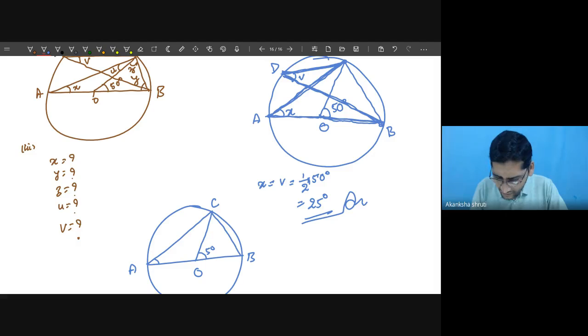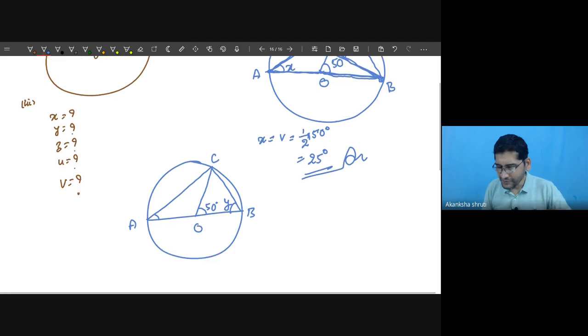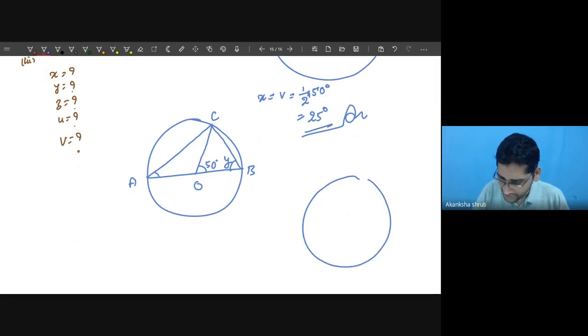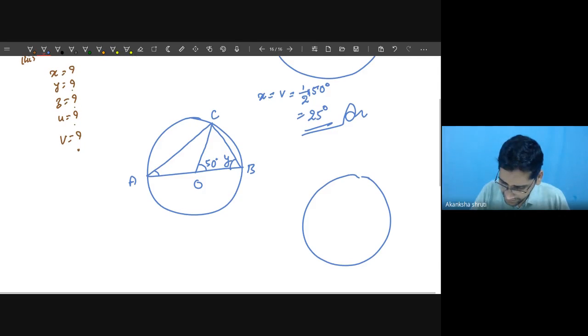Say angle Y, which is this entire one. What will be the Y? How can Y be determined? Students, you must be careful in determining the common chord or common arc. You can understand this is the angle formed like this one. Consider AC as the common arc.